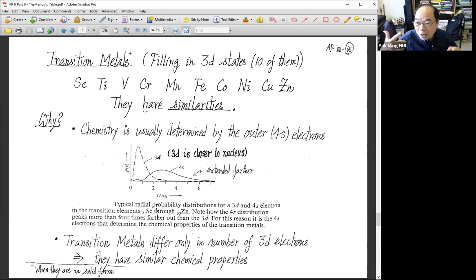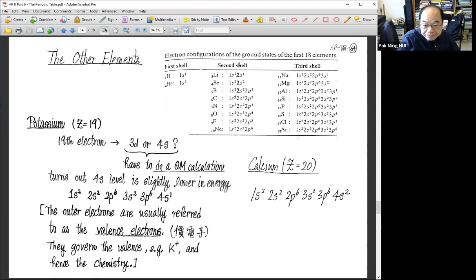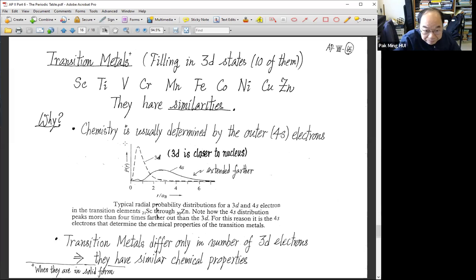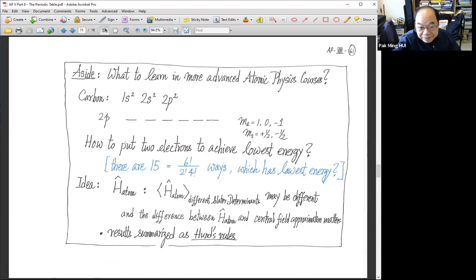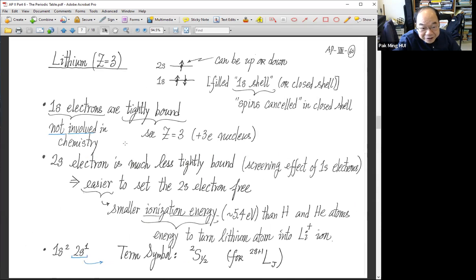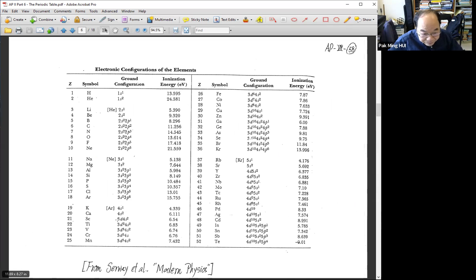We have a good way to understand that. The way to understand that is that the 4s, let me see, I did the configuration table here. Okay.